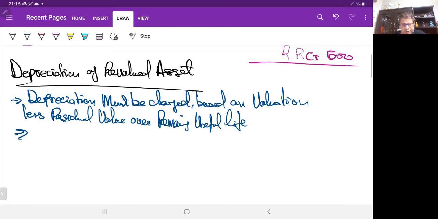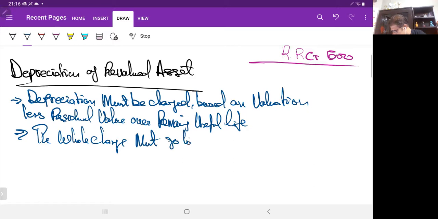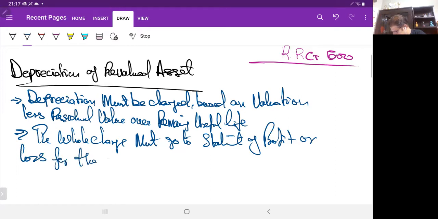The whole charge must go to the statement of profit or loss for the year as an expense.